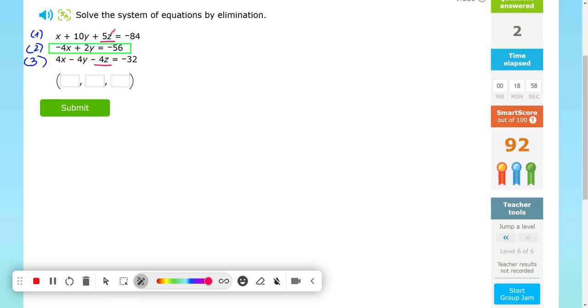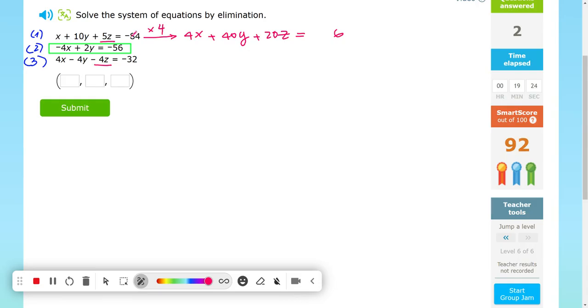So I have to make 5z become 20z, and negative 4z become negative 20z. So equation number 1, I have to multiply by 4. So I come out 4x plus 40y plus 20z equals, the number is very big, but that's okay. 4 times 4, 16.